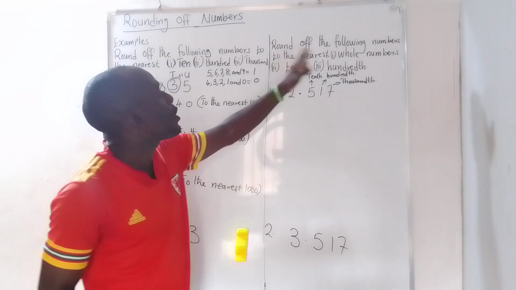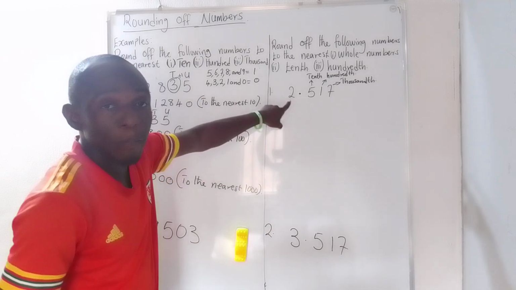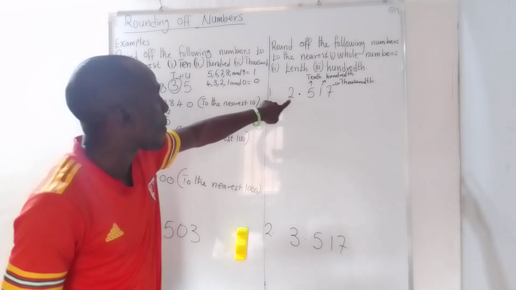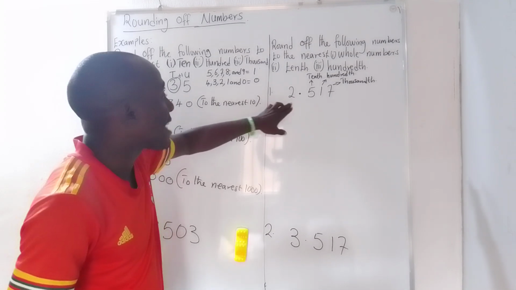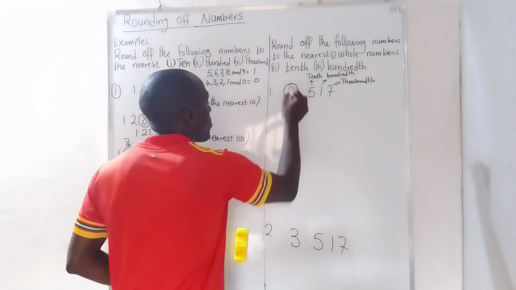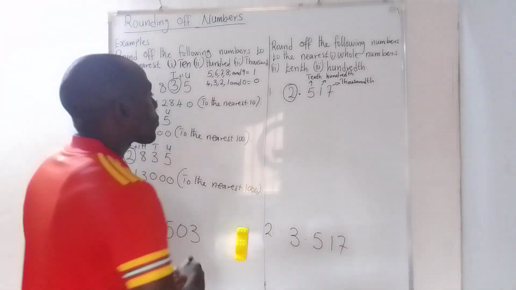So to round off the following number to the nearest whole number, this is my whole number. Any number close to the decimal point on your left-hand side is the whole number. So to the nearest whole number, you circle it. Now the same rule applies like we did before.